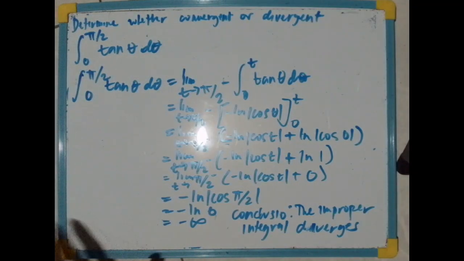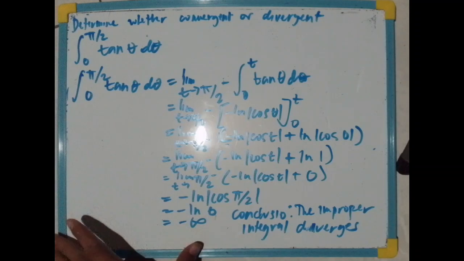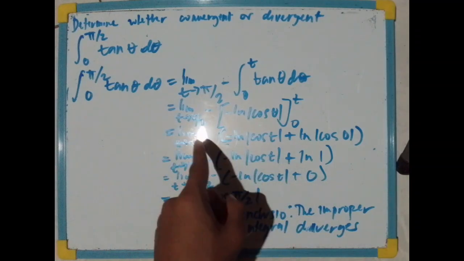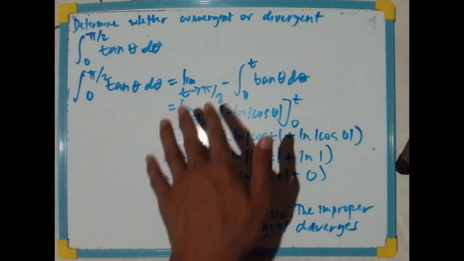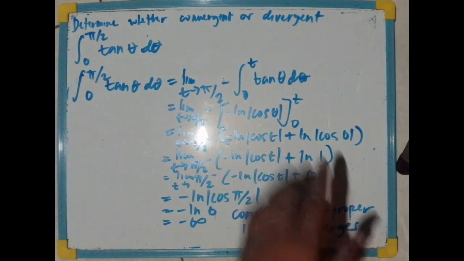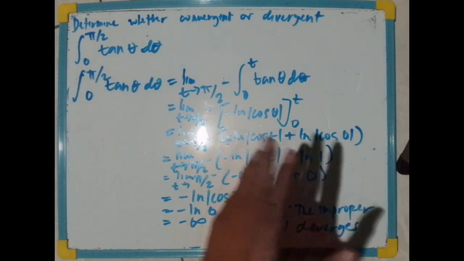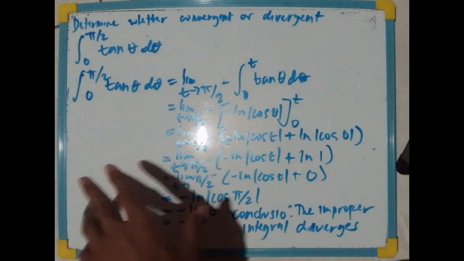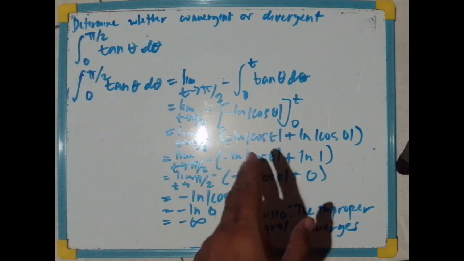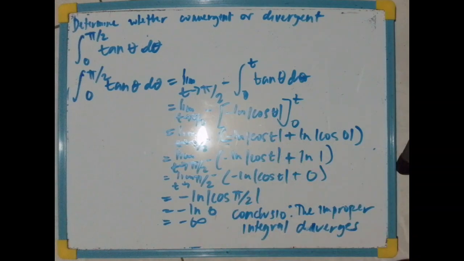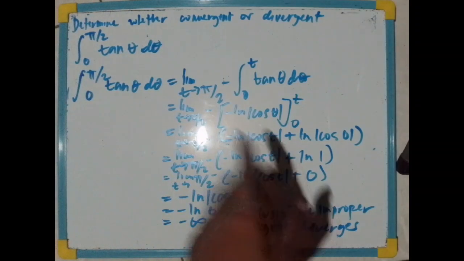As for the continuation, we now substitute the integral we got earlier, so the limit of the integral from 0 to t of tan theta d theta as t approaches pi over 2 from the left will now become the limit of the quantity from 0 to t of negative ln, the natural logarithm of the absolute value of cosine theta, as t approaches pi over 2 from the left.